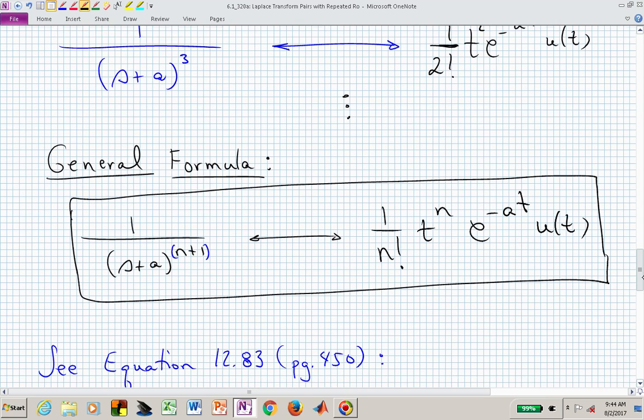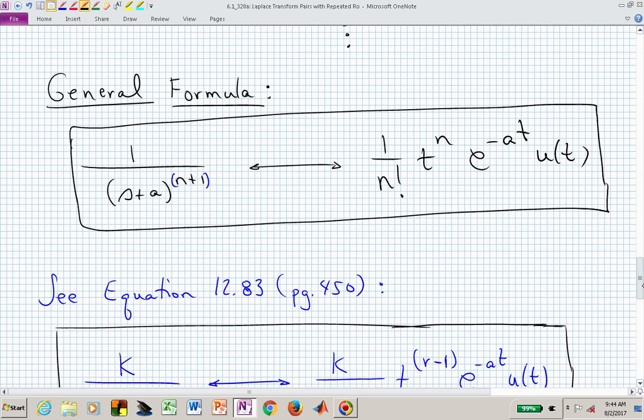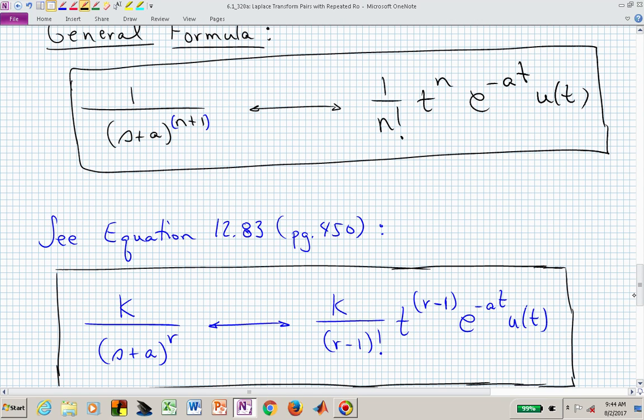You will find that structure in the book. It looks a little bit different, but I hope you can see the connection. Here, they go ahead and assume there's a non-unity coefficient in the numerator. Let's say it's k. And in the denominator, we have a factor that's repeated r, as in rabbit, times. Then to take that into the time domain, we would scale it the same, so k is there, but now we divide by r minus 1 factorial.